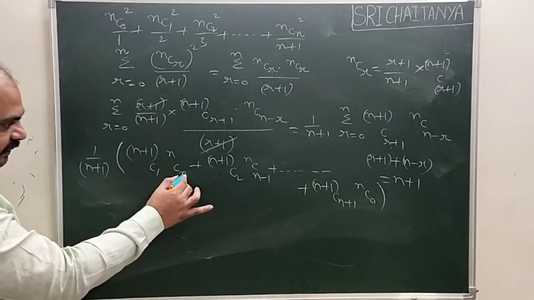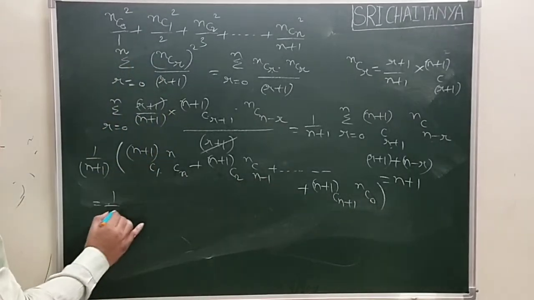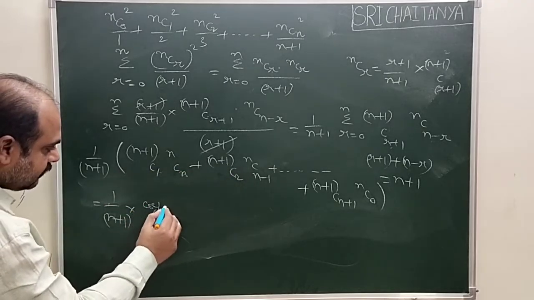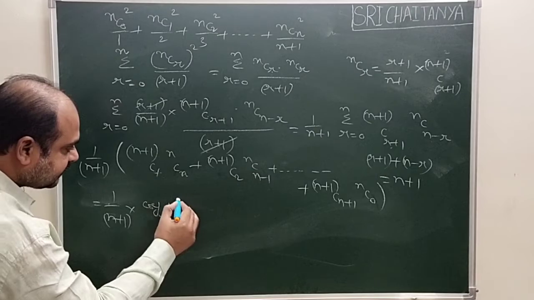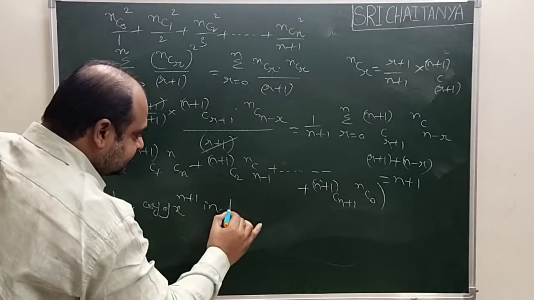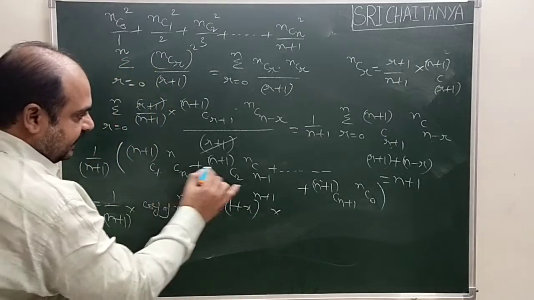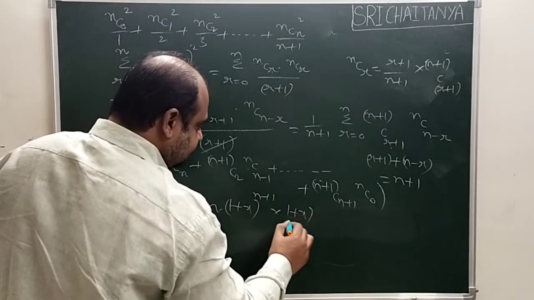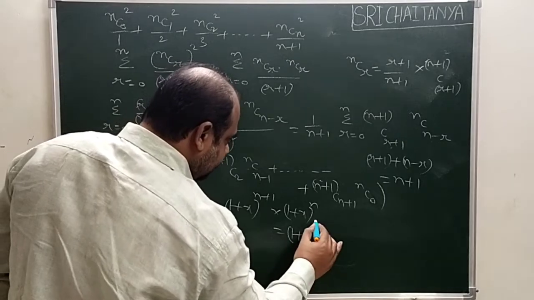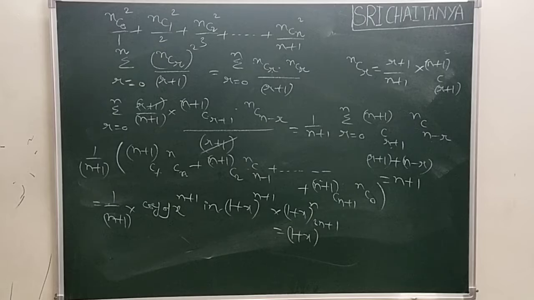So this is n plus 1, this is n plus 1, this is n plus 1. Therefore, 1 by n plus 1 into the coefficient of x power n plus 1 in the expansion of the product of binomials: 1 plus x whole power n plus 1 into 1 plus x whole power n, which is nothing but 1 plus x whole power 2n plus 1.